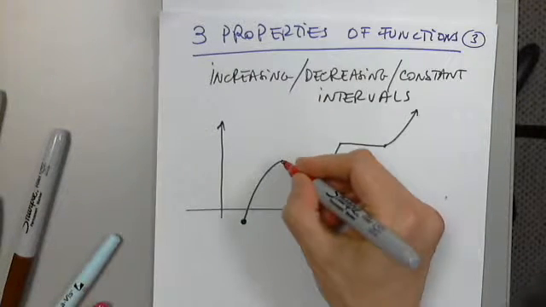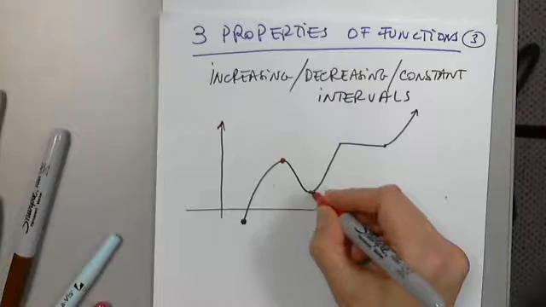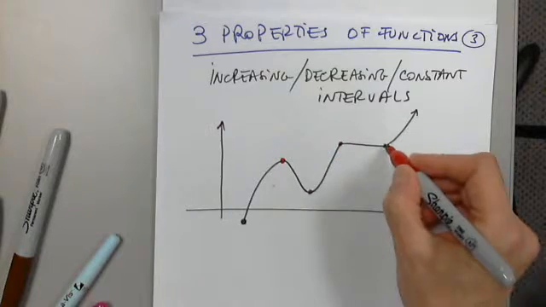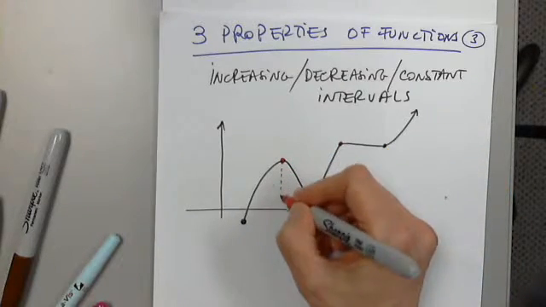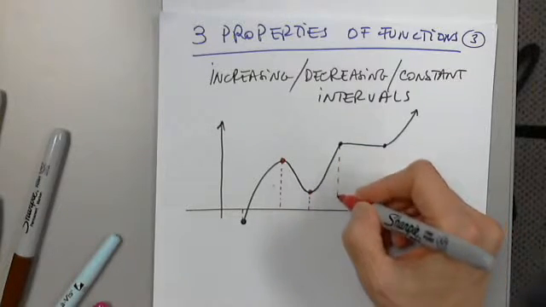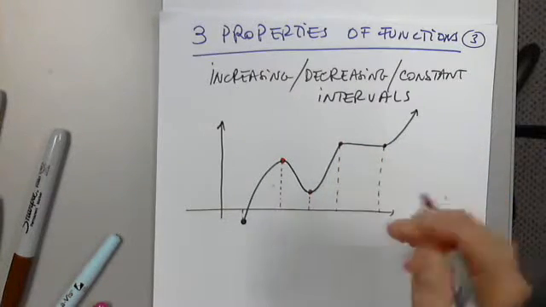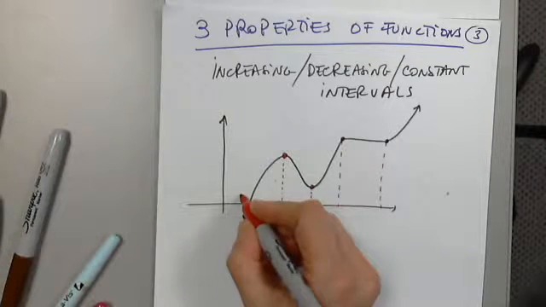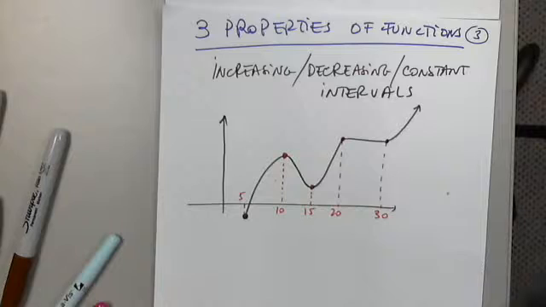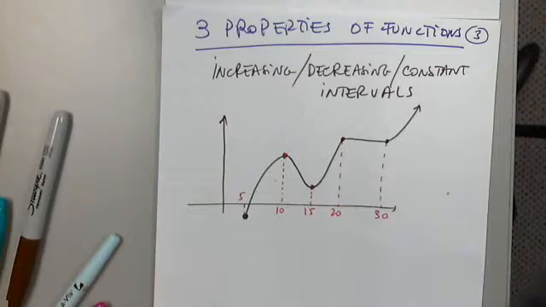These are very important points, and we'll discuss them in a minute. After we discuss increasing, decreasing, constant intervals, we are going to talk about these points. And I'm just making up numbers here. I'm going to say for simplicity 5, 10, 15, 20, 30. They may not be exactly, it doesn't matter.